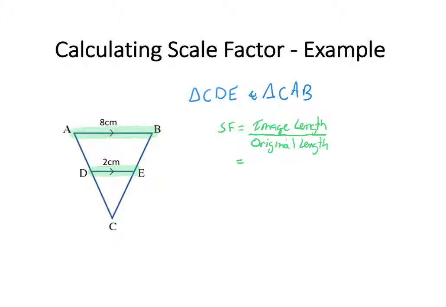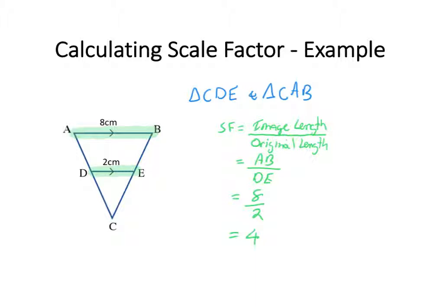So I'm going to choose the larger triangle to be my image length. So scale factor equals AB divided by DE, which is equal to 8 divided by 2, which gives me an answer of 4. So the scale factor of triangle CDE and triangle CAB is equal to 4.